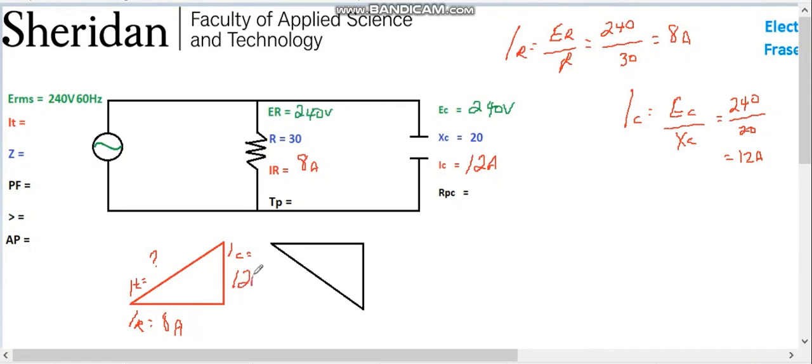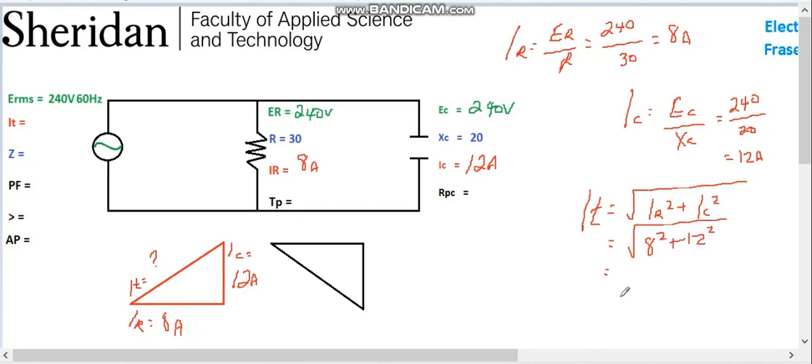So I've got 12 amps here. I'm going to say that my IT is equal to the square root of my IR squared plus my IC squared. 8 squared plus 12 squared.